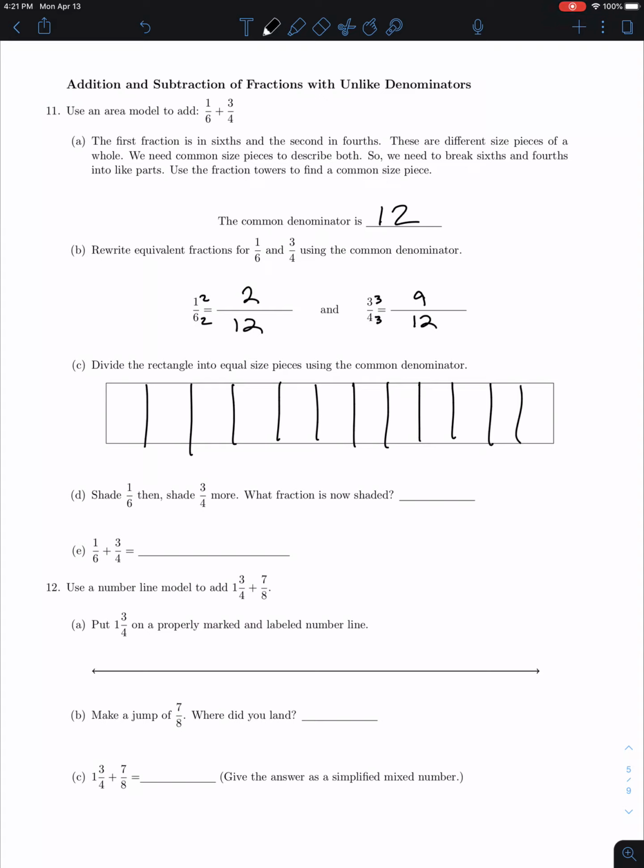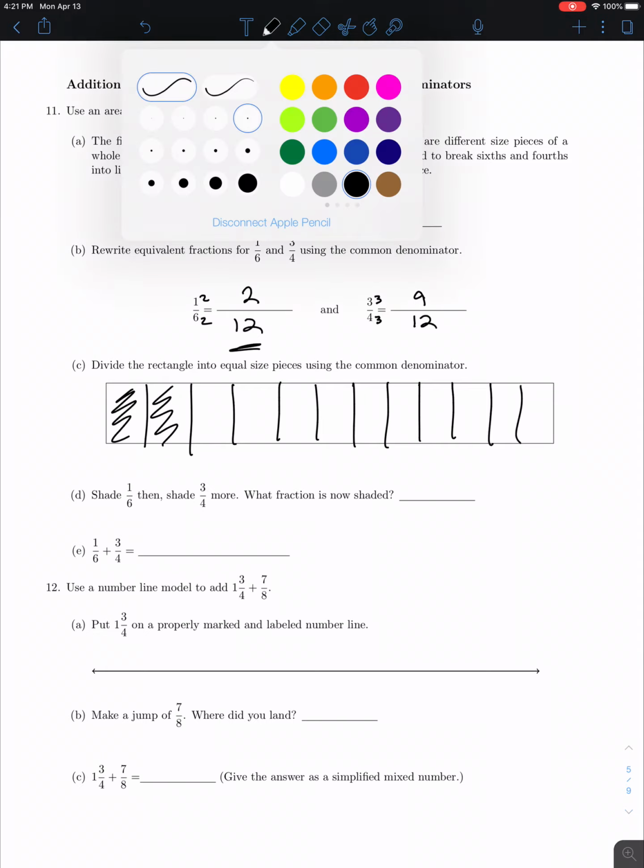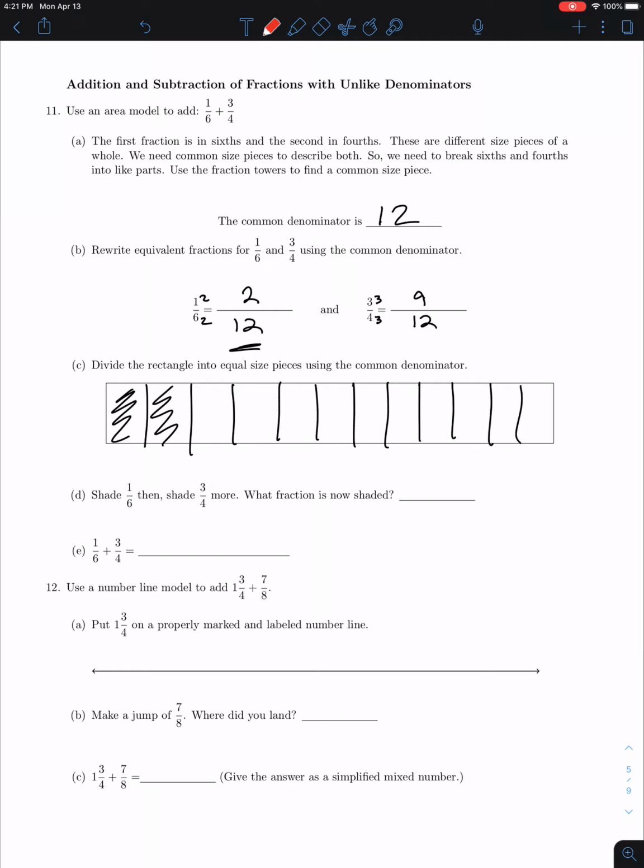Now what we want to do is shade 1/6, which in this problem is now turned into 2/12. So that means we need to shade 2 of these blocks. Let me change colors. To add 9/12 means we want to shade 9 more. So 1, 2, 3, 4, 5, 6, 7, 8, 9.